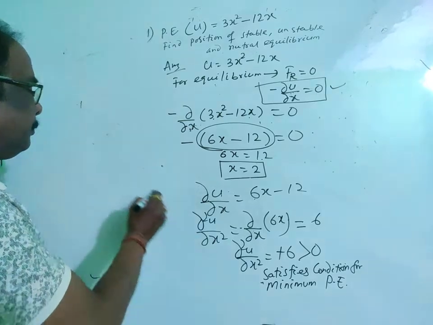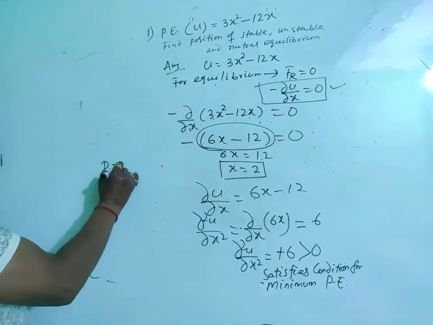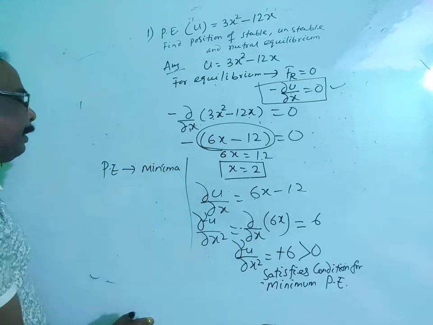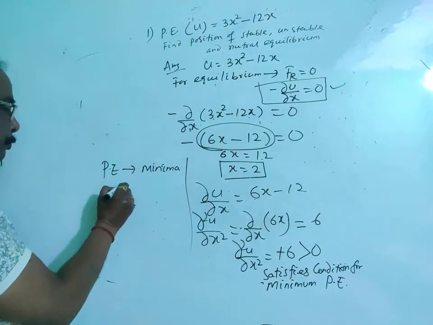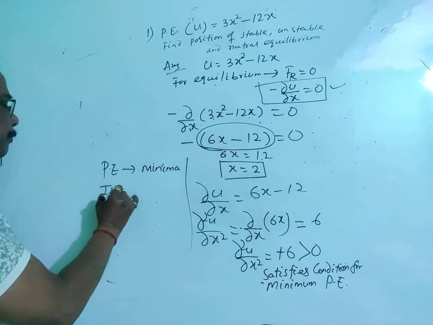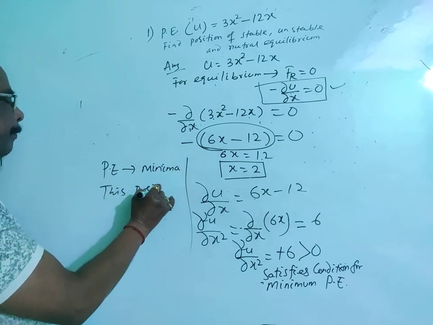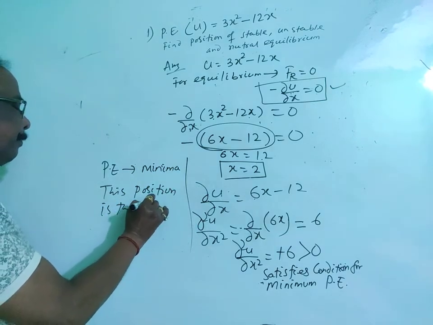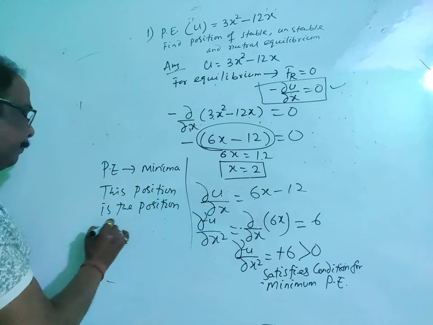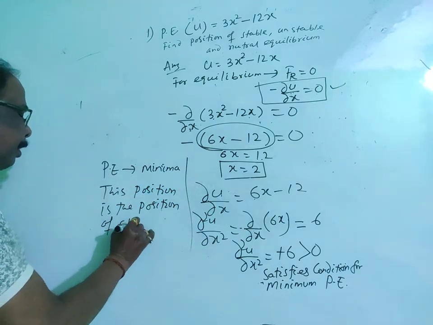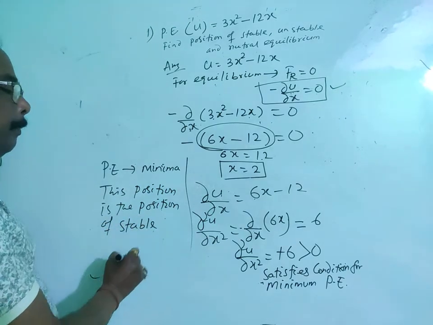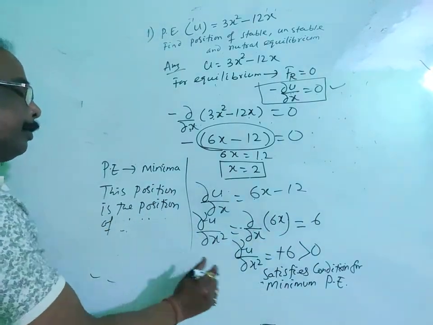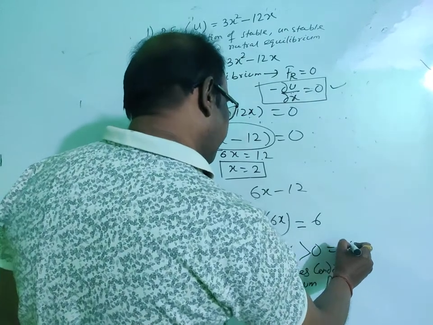Minimum potential energy means potential energy is minima. If potential energy is minimum, then this position is the position of stable equilibrium. Sorry, greater than 0 means this is maxima.